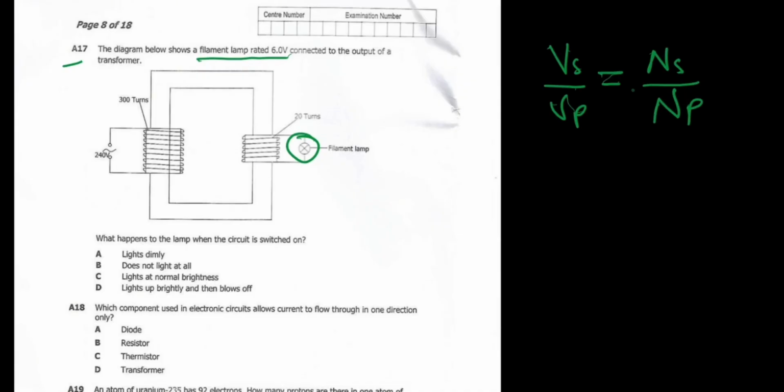So this is what you're going to have. And this is the secondary circuit connection of the transformer. So when you look at that, you're going to see that this is going to be Vs, which is secondary voltage. In this case, it is 240.